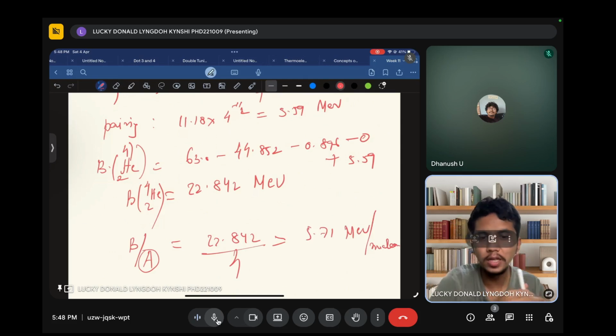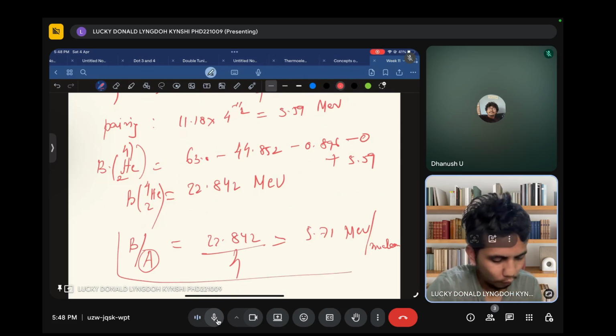So for helium-4, we get a binding energy per nucleon of 5.71 MeV per nucleon.